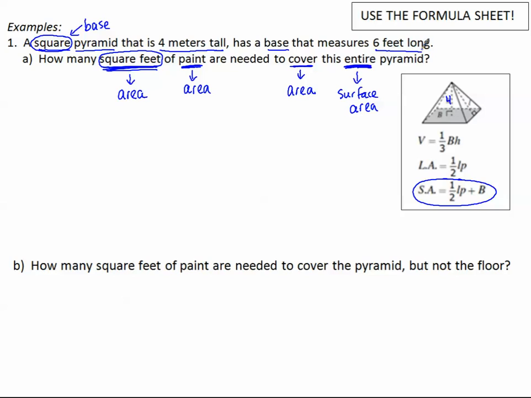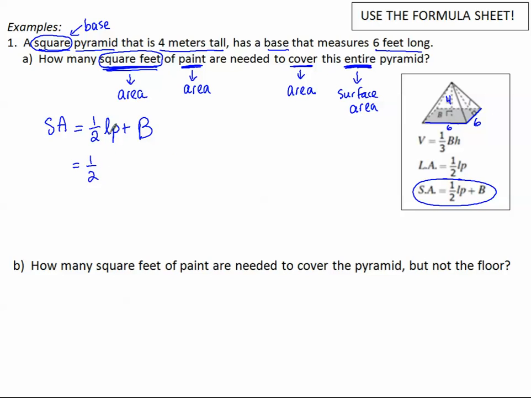So if it says 6 feet long in the base, then this side is 6 and this side is 6. Let's write down the formula that we extract from our formula sheet. Surface area equals 1/2 LP plus capital B. Now to use the formula, we have to know what these letters represent. So let's start figuring out what we have and what we need.